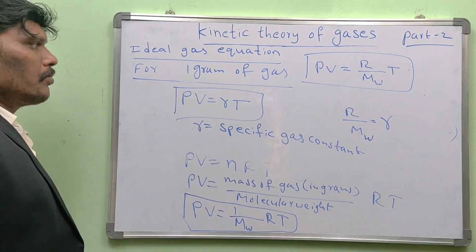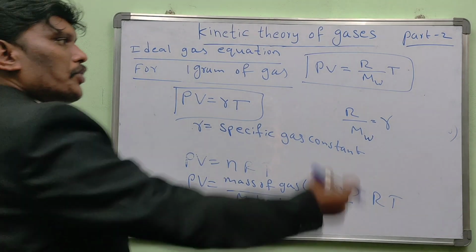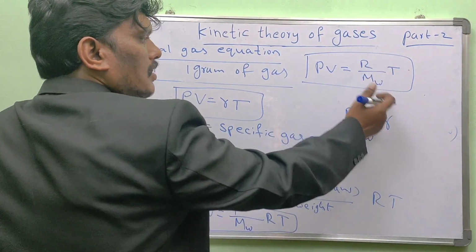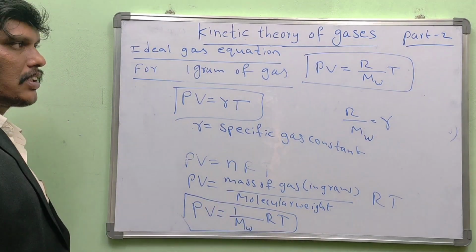If 1 gram of a gas is given, directly use this ideal gas equation. Here R is the universal gas constant and this is the molecular weight of the given gas.